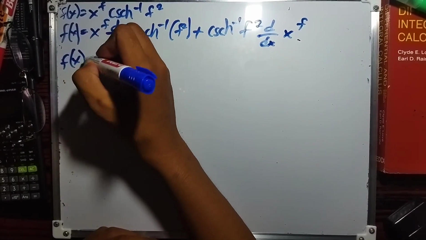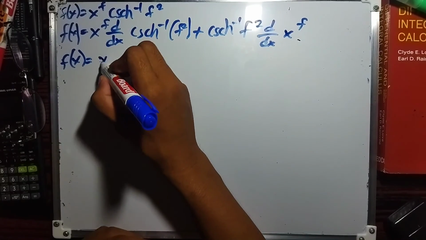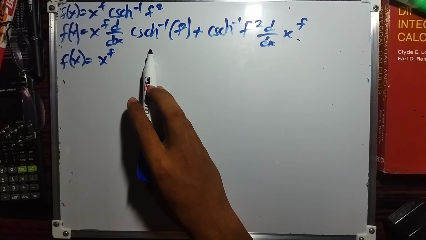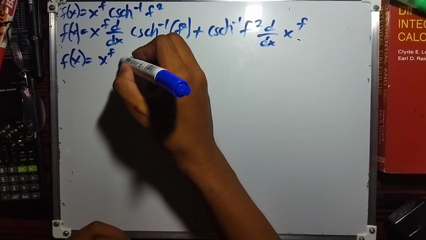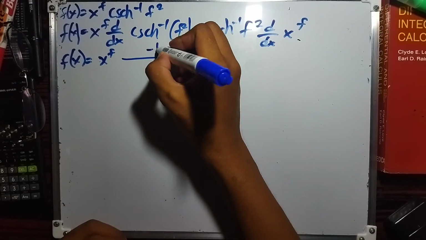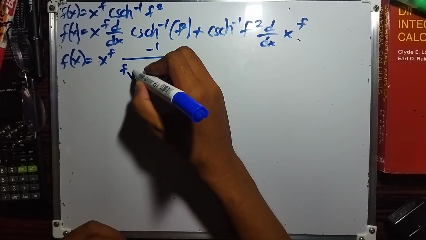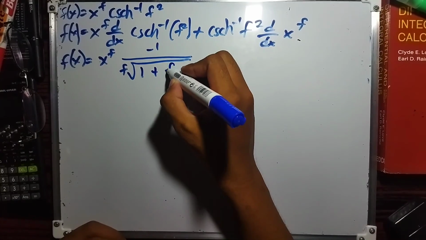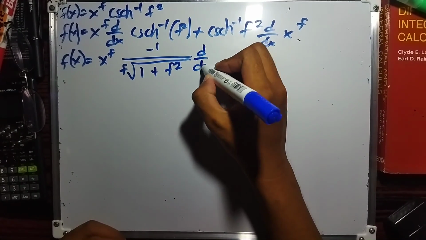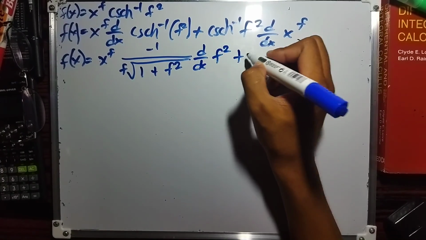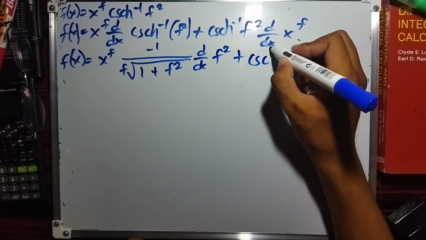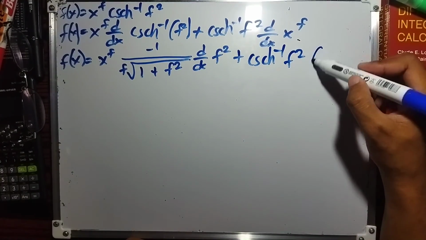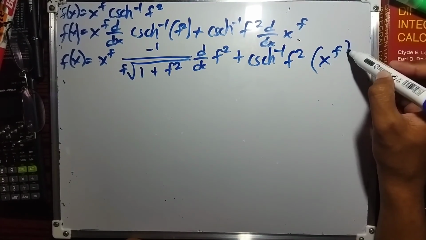So f'(x) is equal to x^t, and the derivative of csch negative 1 of t squared would be negative 1 divided by t squared times the square root of 1 plus t squared, and then the derivative of t squared, and then plus csch negative 1 of t squared. The derivative of x^t would still be x to the power of t.